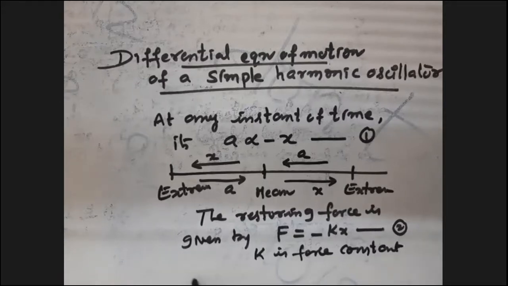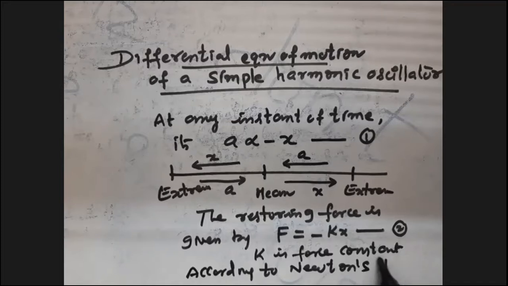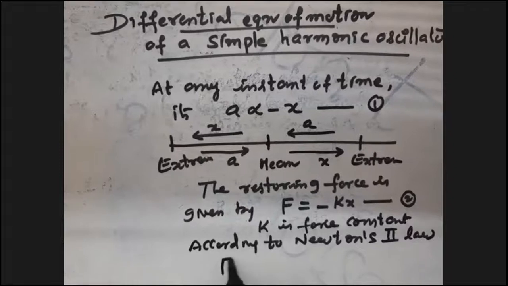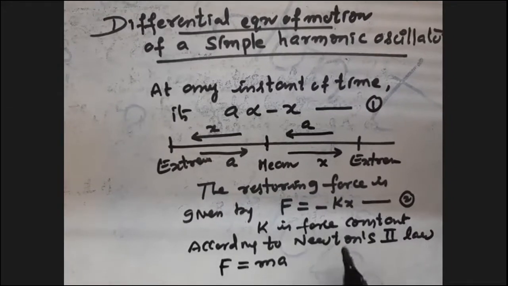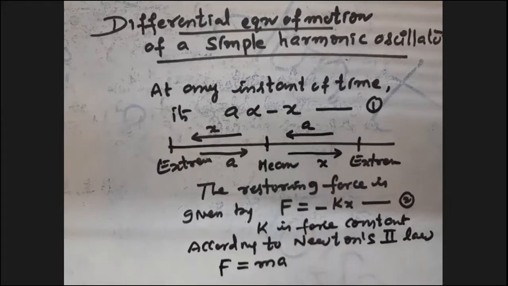But according to Newton's second law, the resultant force acting on the particle is F equal to ma. We know that F equal to ma. Here the resultant force acting on the particle executing simple harmonic motion is F equal to minus kx.